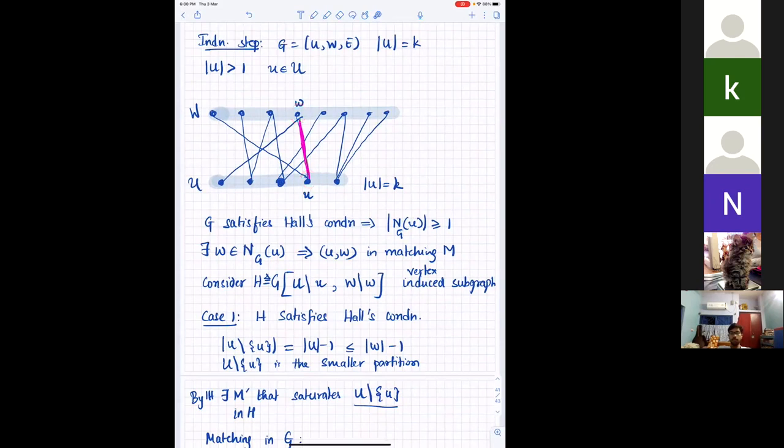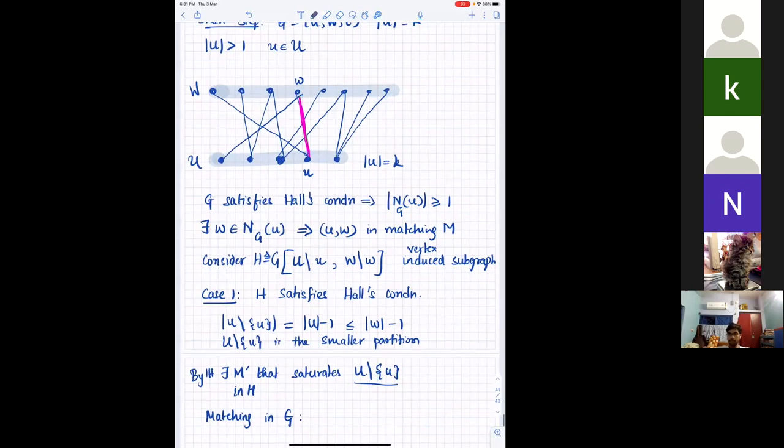So what is in the remaining graph? Let's call it H after removal. Which is the smaller partition, U minus u or W minus w? U minus u. Correct. So what does the inductive hypothesis tell you? Now you have removed one vertex.